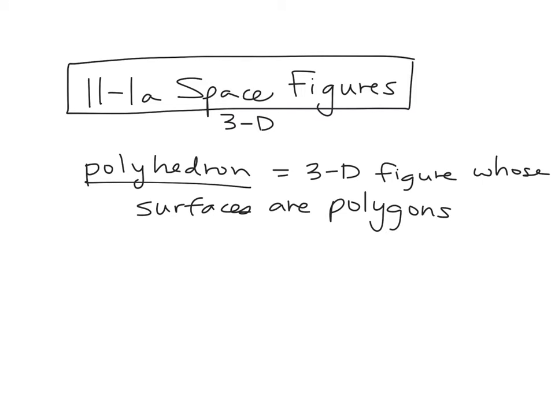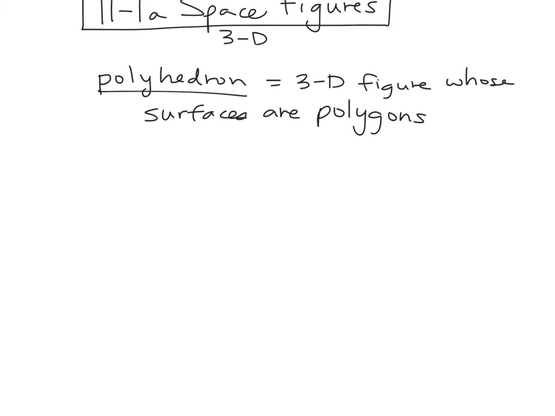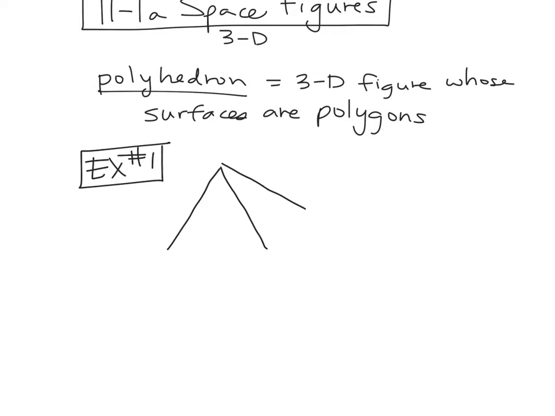So what we're going to do with that is we're going to look at the faces, the edges, and the vertices of some different figures, and I'm going to give you a formula to go along with it. So this first one, okay, so let's say this is our figure.